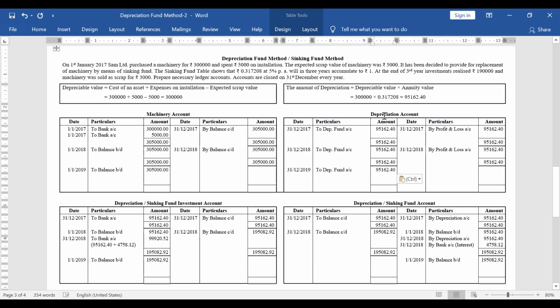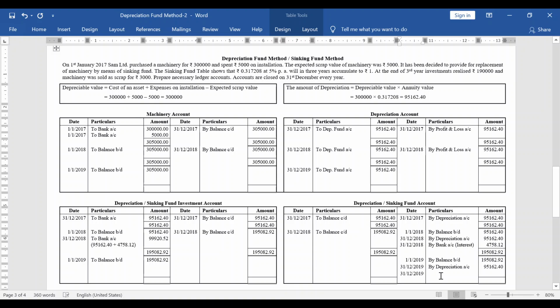So when the entry is recorded in the depreciation fund account as on 31st December 2019, it is by depreciation account, and the amount is 95,162.40. The next entry is on 31st December 2019, and that is for receipt of interest.